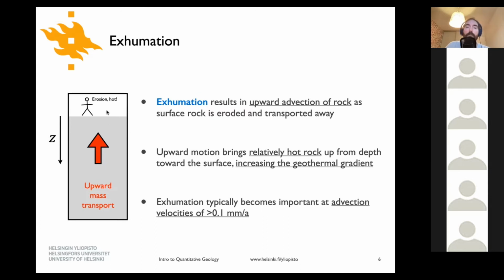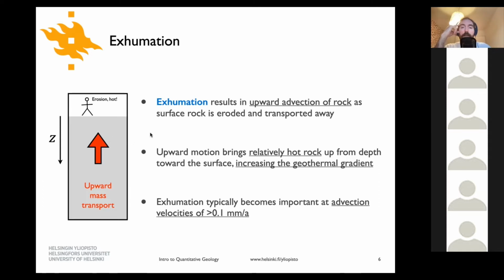And this upward movement of the mass is making the temperatures higher because the rock that was down at some greater depth was hotter than it would be if it were closer to the surface. And if it moves up toward the surface fast enough, it's going to stay hot before it can cool down from heat conduction, and that will increase the temperatures in the crust.